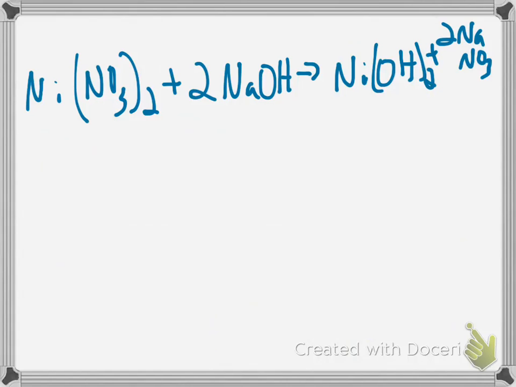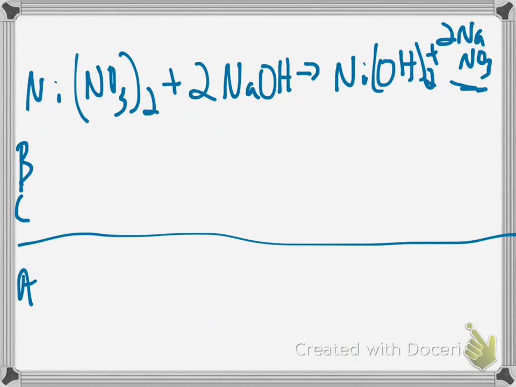So sodium nitrate's in my last column here. And since that's a produced value in my BCA chart down here, that's going to be this box here at the end that I'm looking for. So how much of that's produced when 0.73 grams of nickel 2 nitrate reacts?